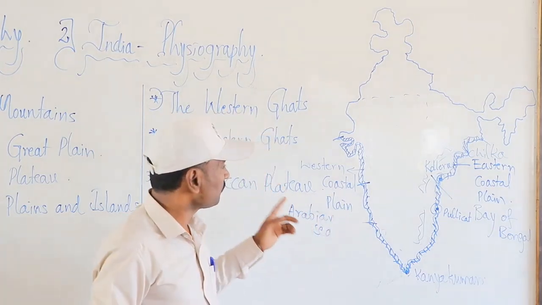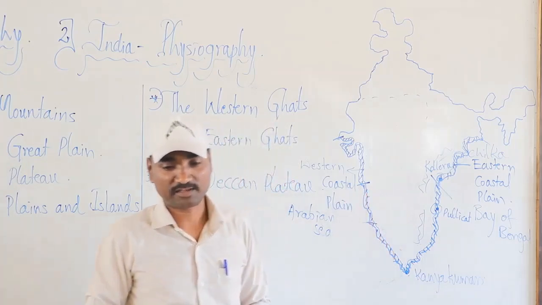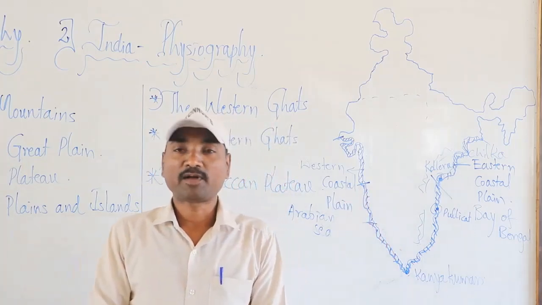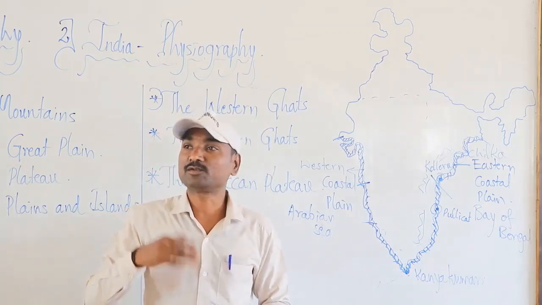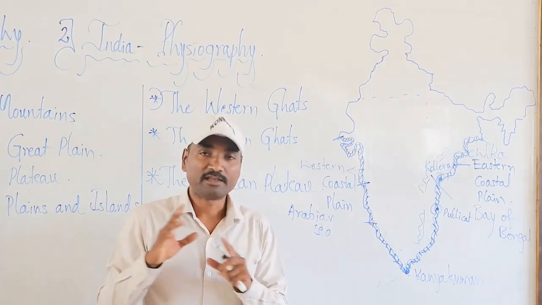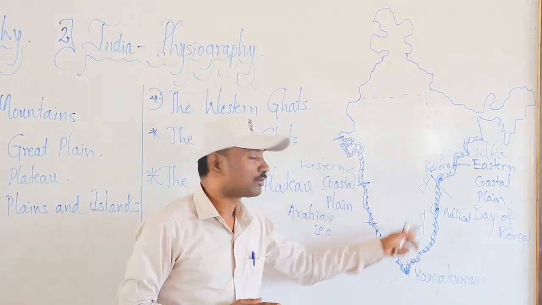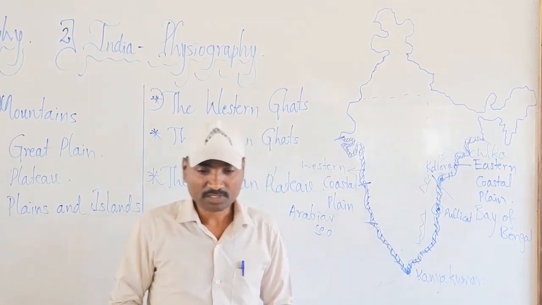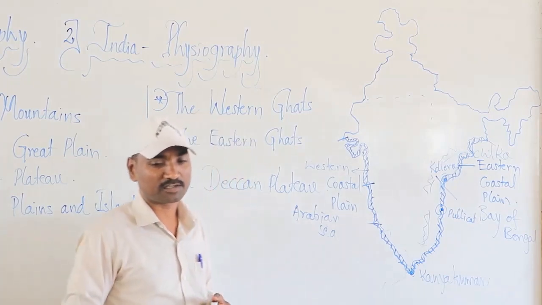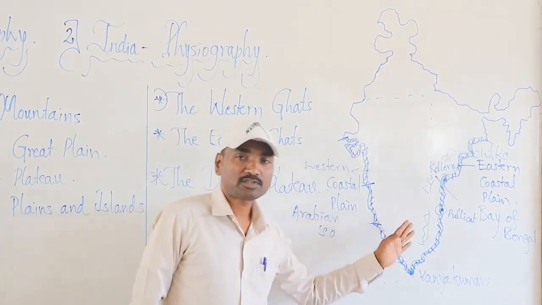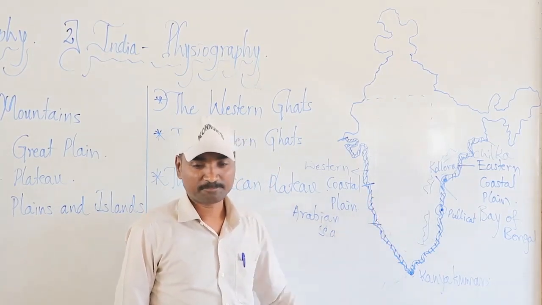Now, what is the importance of the eastern coastal area and western coastal area? This coastal plain provides natural harbors which help in carrying foreign goods, for import and export. Everything is carried through these coastal areas. For example, Kandla, Mumbai, Marmagao, Kochi, Visakhapatnam and Kolkata are all important harbors or ports of India.